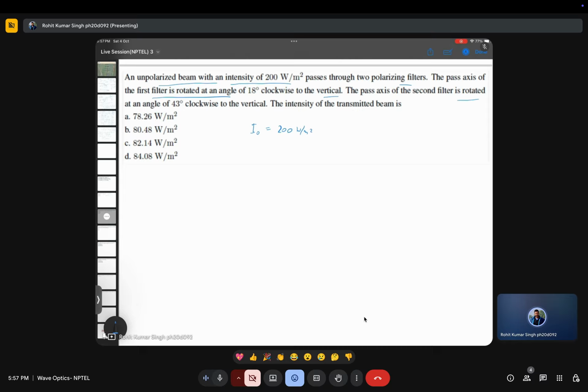So it's asking what is the intensity of the transmitted beam. So let's call theta 1 18 degree, which is the pass axis of the first filter, and theta 2 is 43 degree.